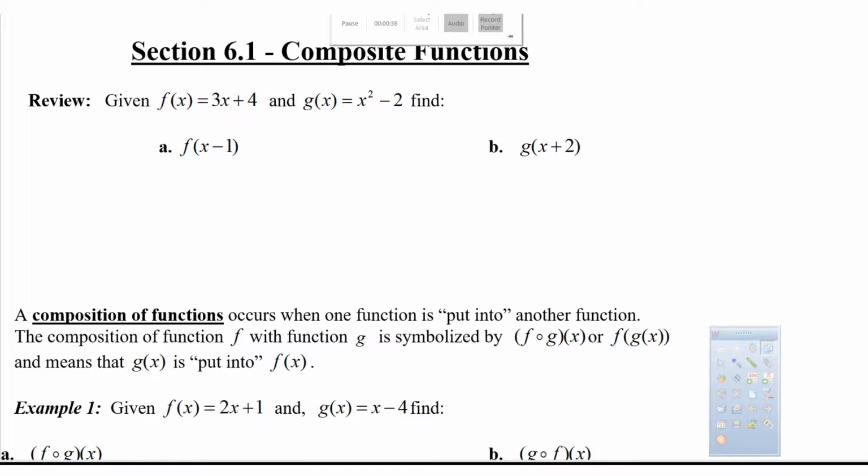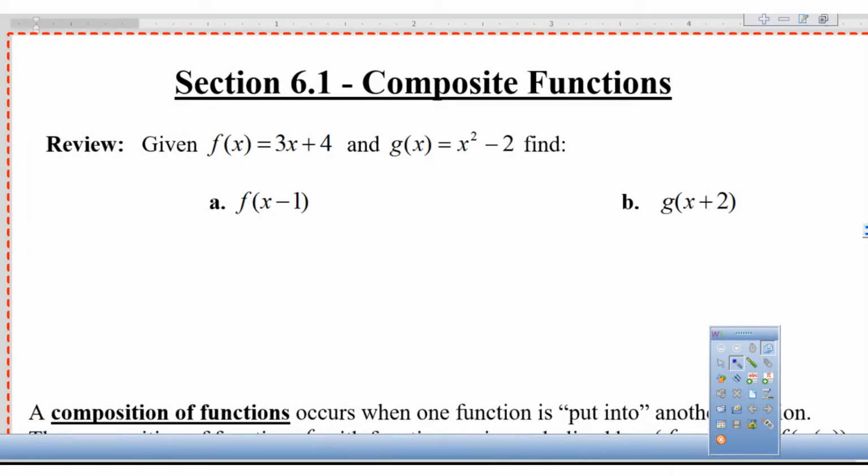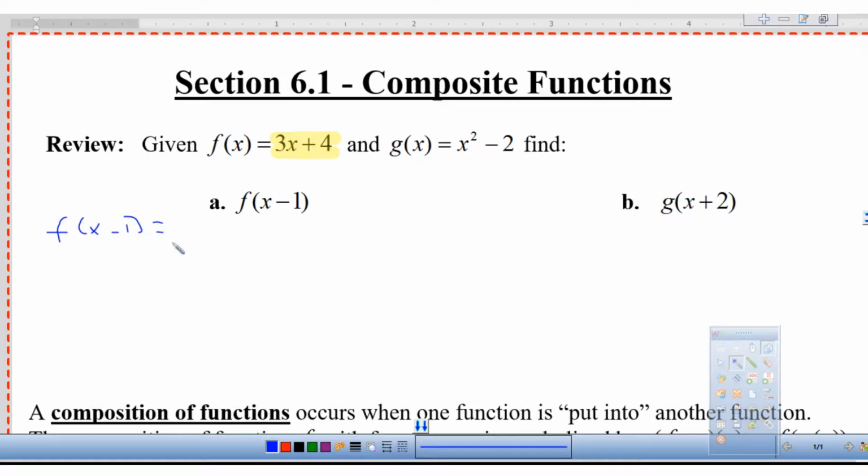Okay, here we go. So question A is find f of x minus 1, okay? So you just write down that f of x right here, and wherever you see an x, you just put in x minus 1. Now, some of you are still not doing what you're supposed to do on notation, and you're going to see that when you get your quiz back. But you need to write f of x minus 1 equals. Go into that yellow highlighted problem.